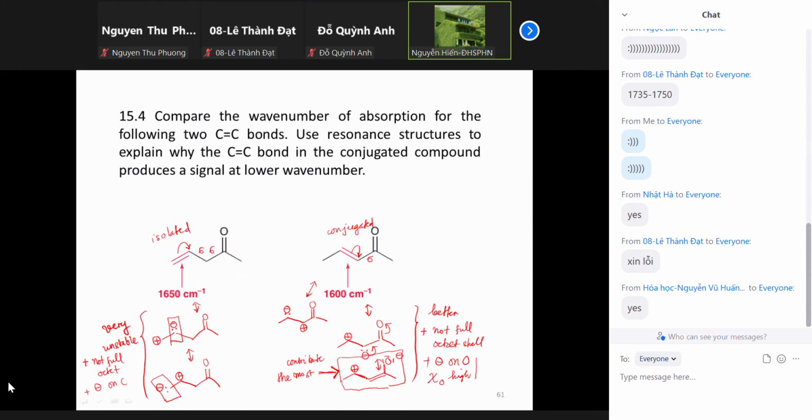You see that in this structure, the CC bond has some more single bond properties.